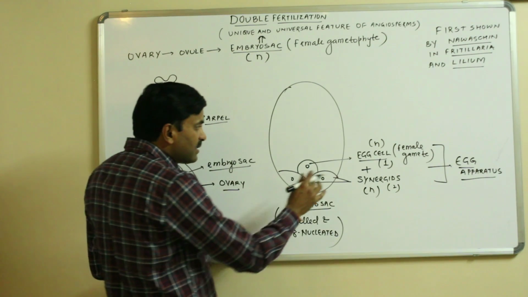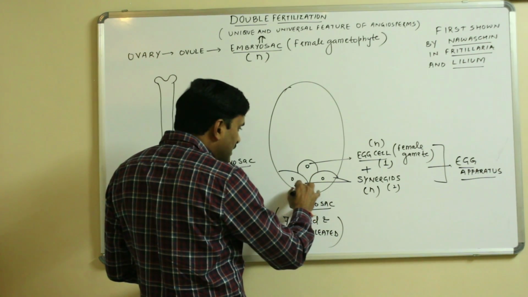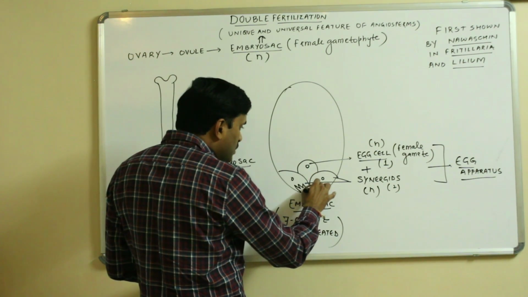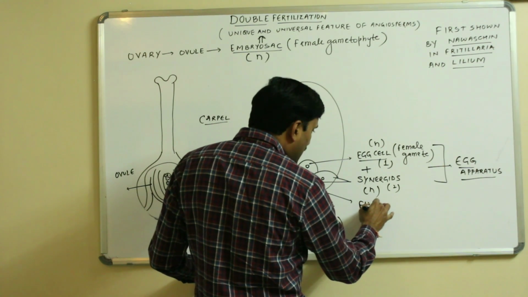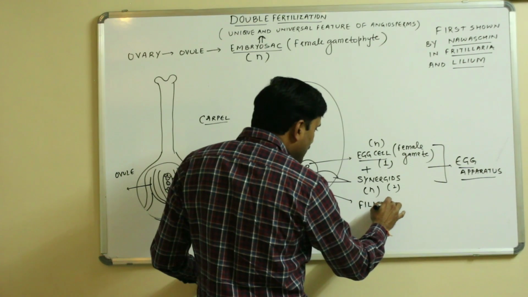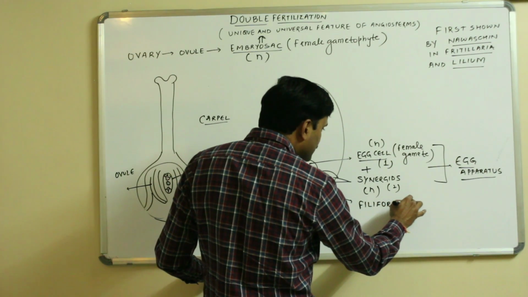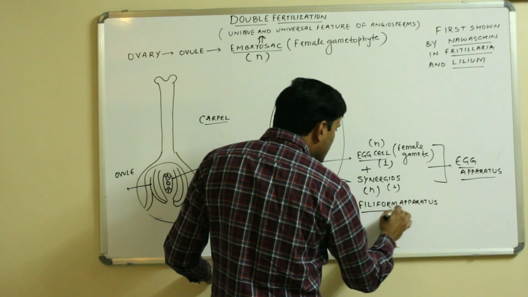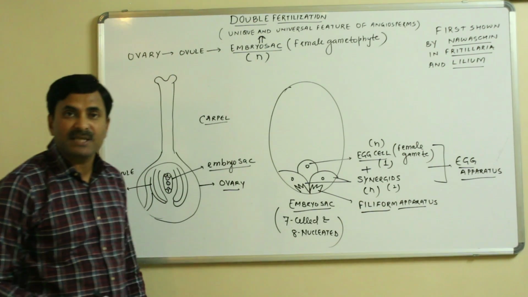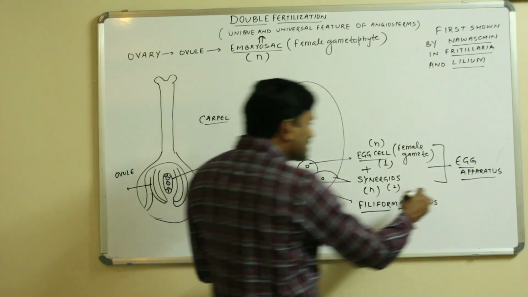In synergids, certain finger-like projections are present, and these are called the filiform apparatus.